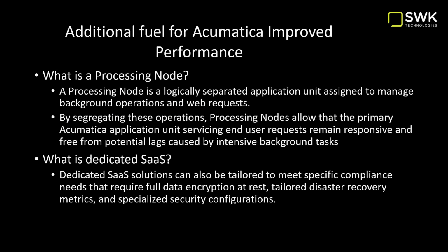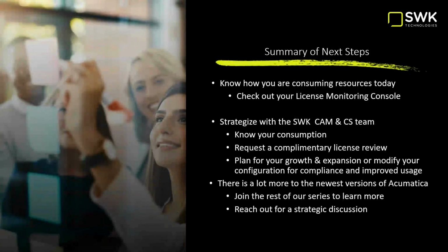So I know we've covered a lot of information and we're closing in on not a lot of time left here. So we're going to turn it to Q&A in just a moment, but we want to make sure that some of the next steps are review your license, so know where you're at, understand your consumption. You can request a complimentary license review from your customer account manager. Customer success and myself might join that call and help you out. You can plan now for growth and expansion and modify your configuration, maybe reduce those send and receive email transactions.